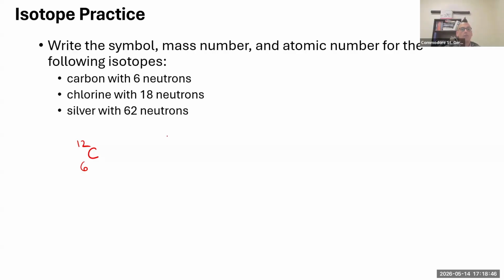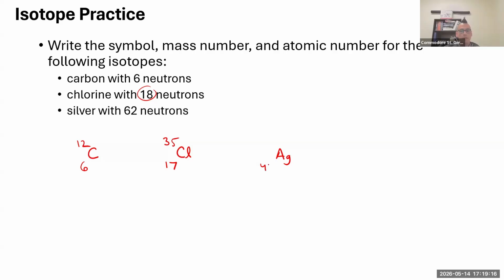All right. So the next one is chlorine. I'm going to do C and a kind of cursive lowercase l. This is going to be 17 protons or atomic number. And then the mass number, if we add that to 18, that's going to be 35. All right, last one is going to be now silver. We might do a little bit of math here. If you look on the periodic table, Ag is silver.